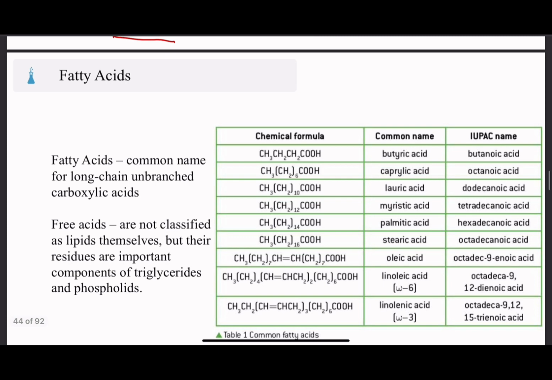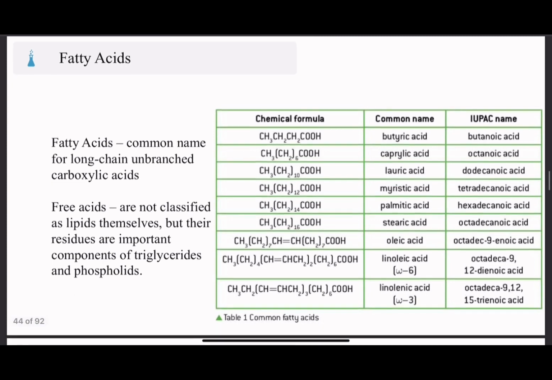So, quickly about the fatty acid. Fatty acid is a common name for a long-chain unbranched carboxylic acid. If you remember, we talked about carboxylic acids with a functional group like this, in proteins, where we did a bit of review.